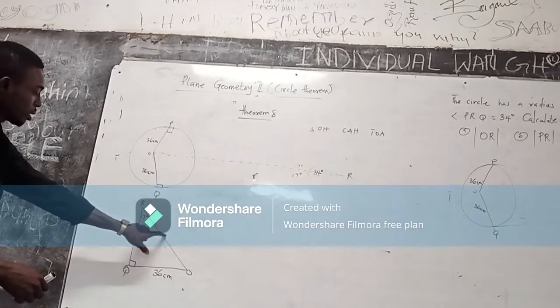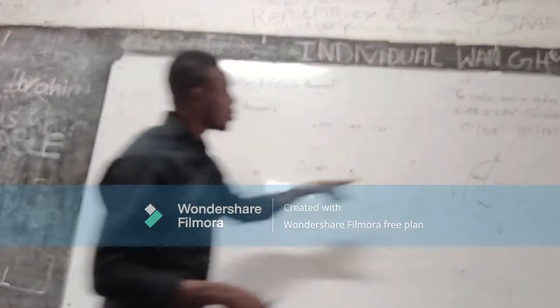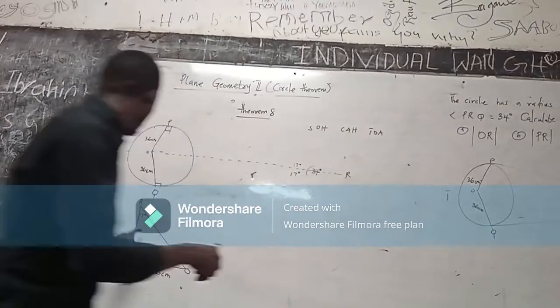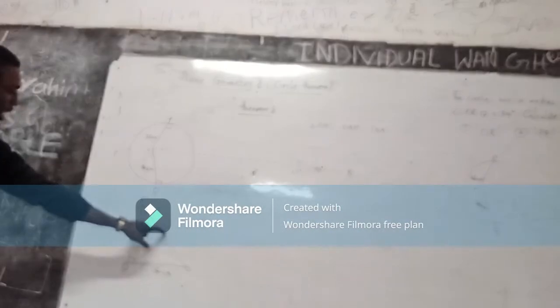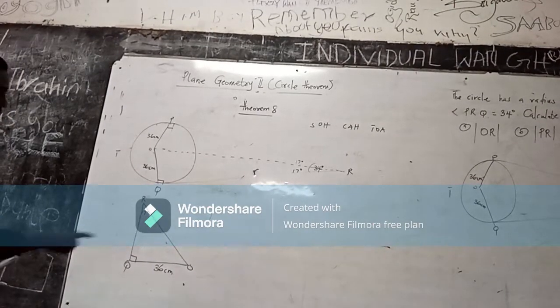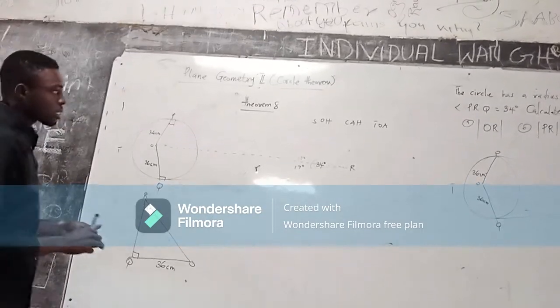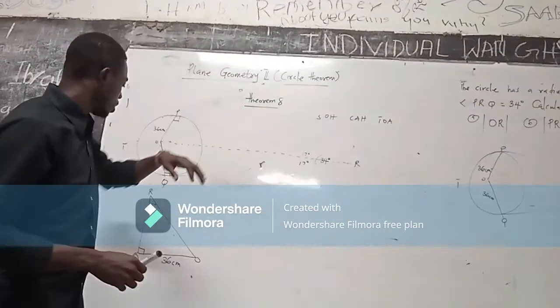this line. The line O what? OR. So OR means that we are finding the hypotenuse. We are finding the hypotenuse. So it means that you have this angle 17 degrees, which one will suit it.